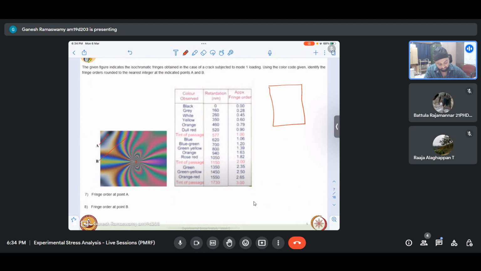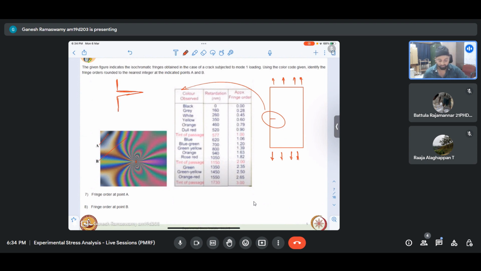If I have a specimen like this, and if I'm applying load, and if I were to have a small crack here, if I zoom into this place, how this would look is, I am exaggerating that the crack has opened here. Essentially this is the kind of isochromatics I get in the case of a crack.